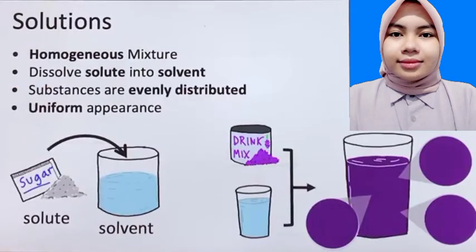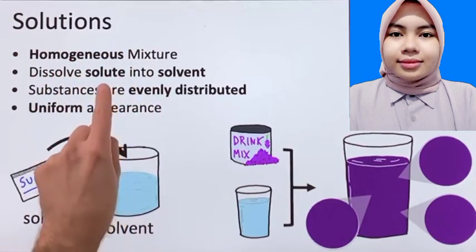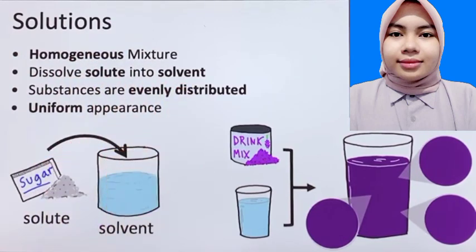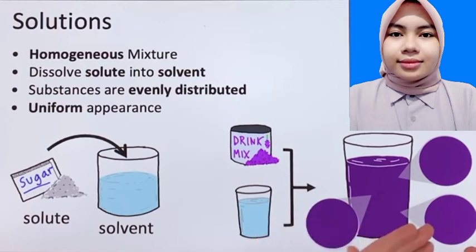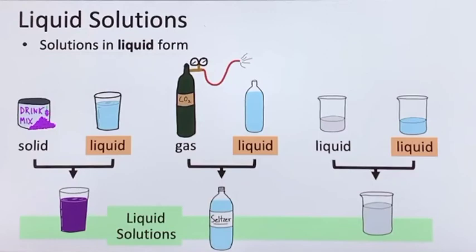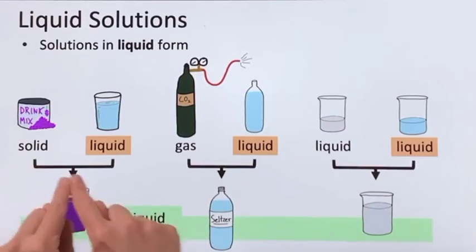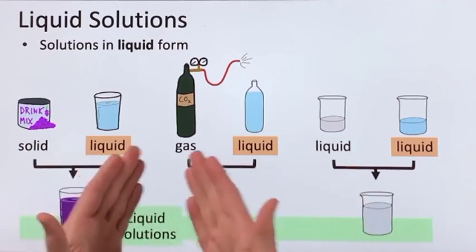So let's review what we've talked about here. A solution is a homogeneous mixture made by dissolving a solute in a solvent. Because a solution is a homogeneous mixture, these substances are evenly distributed and so the solution has a uniform appearance. A liquid solution is in the liquid form and it's made by dissolving a solid, gas or liquid in a liquid solvent.